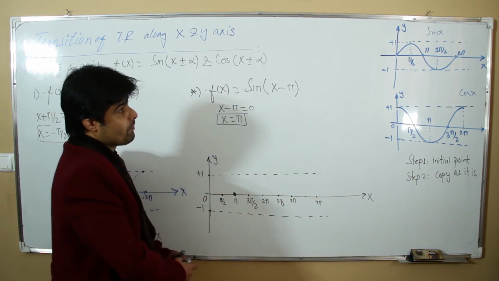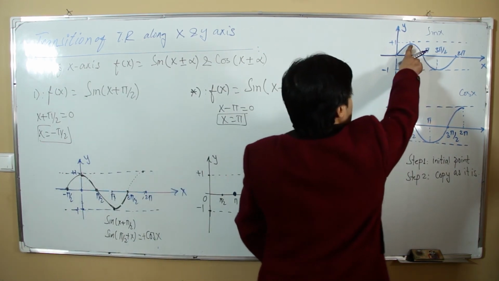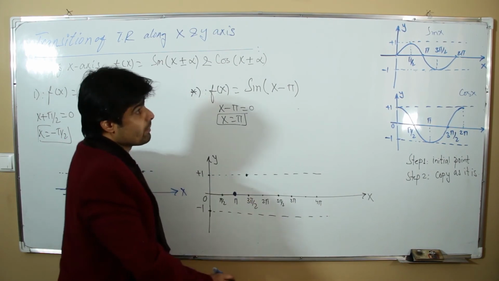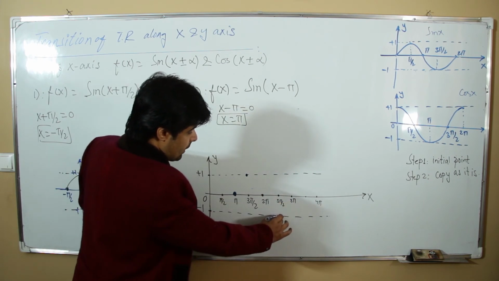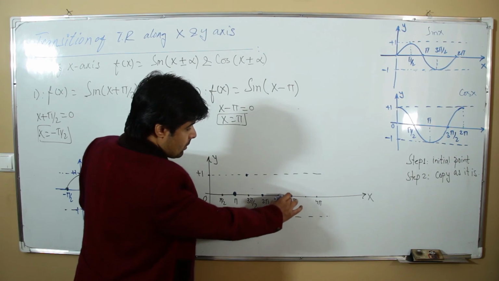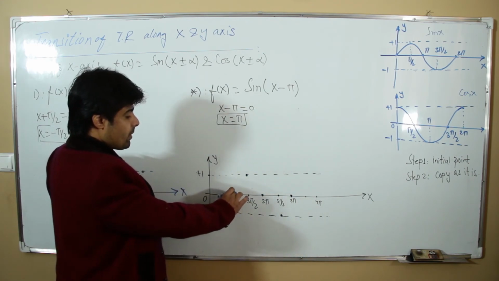It starts from pi. The next one is our maximum point. The next point, it should cross. This is our minimum, and this one, it should cross. Now the graph of sine starts from the pi point.